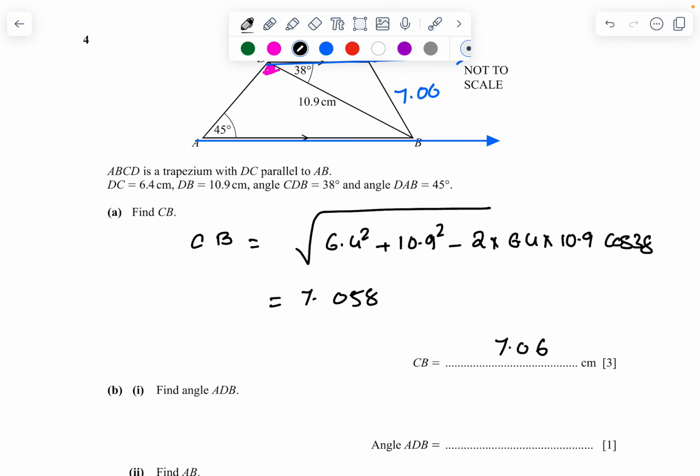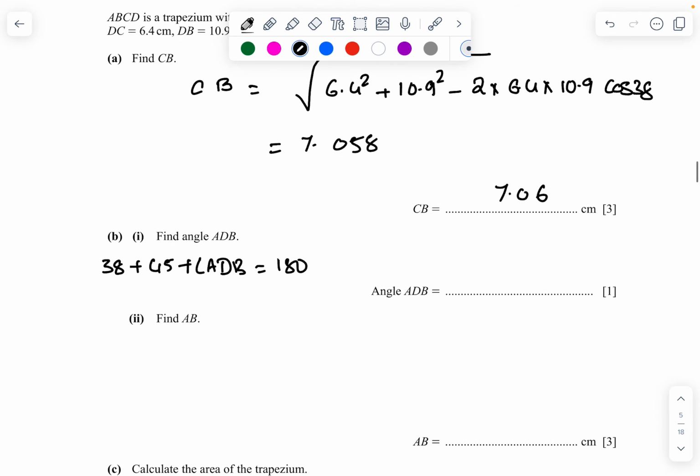So 38 plus 45 plus ADB should equal 180. So angle ADB equals 180 minus 83, which is 97.